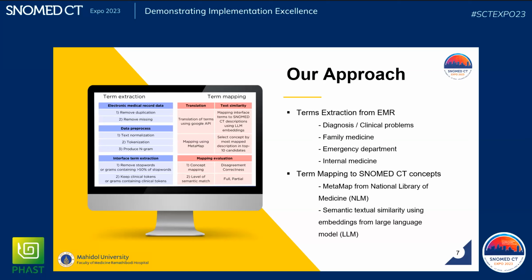Not only the stop words, we also remove numbers, punctuations, and some Thai words that we know are clearly not clinical words. After that we keep the clinical terms, and we have another dictionary for the clinical tokens.